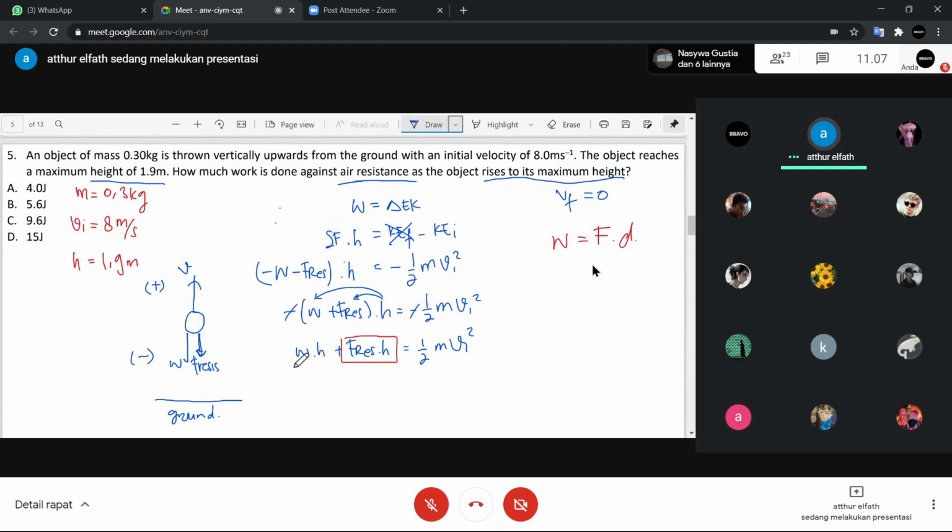The gravity is 9.8. By the way, it doesn't matter if you use 10 for the gravity, because the result will be similar.